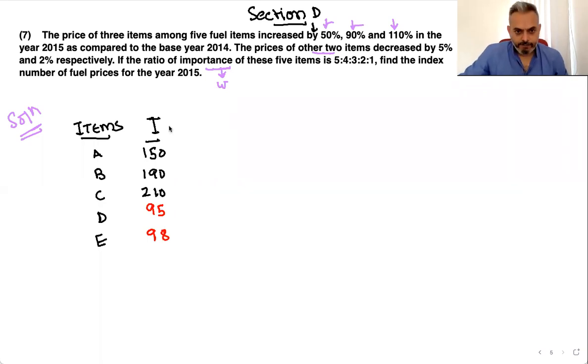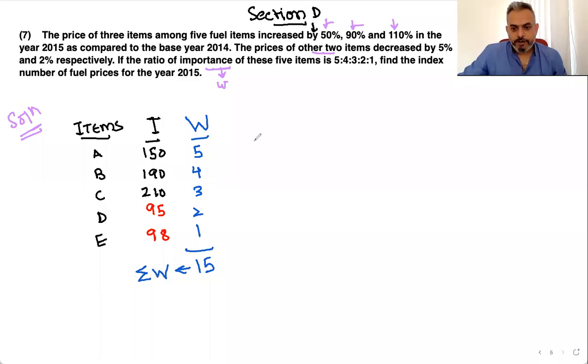Weight, importance, 5, 4, 3, 2, 1. Total, 15. Sigma W. Now let's find out IW.